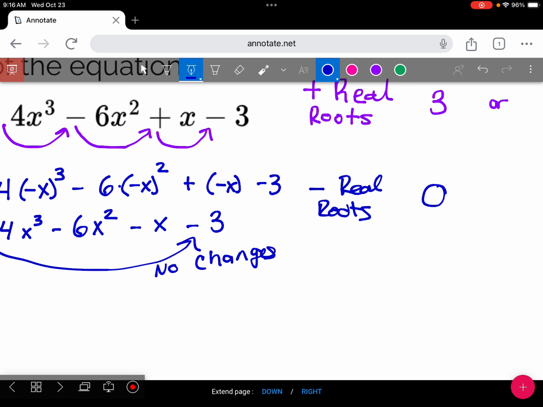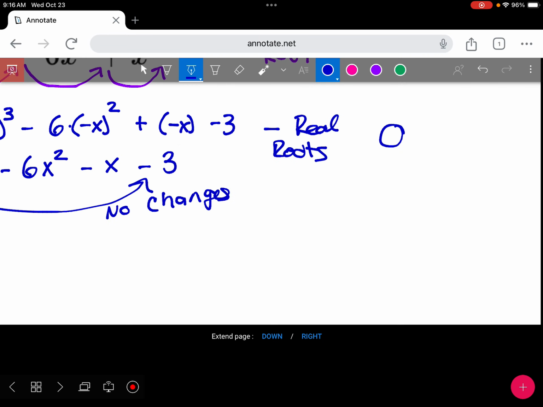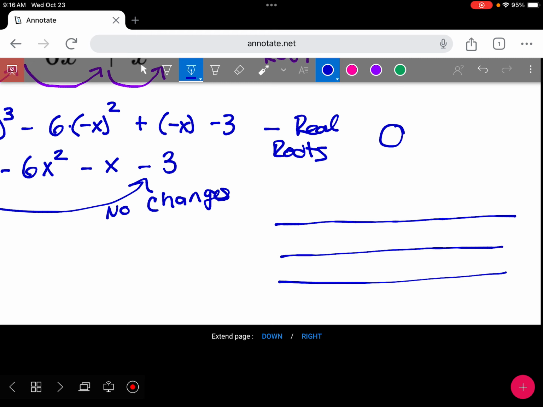What is the degree of the function? 3. So how many roots is this function going to have? 3. So what we're going to do to figure out how many imaginary roots we could have is I make a little table down here. Where I'm going to talk about my positive roots, my negative roots, my imaginary. That winds up at our total.